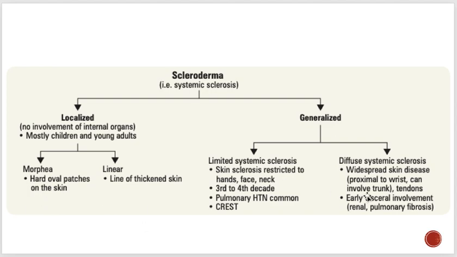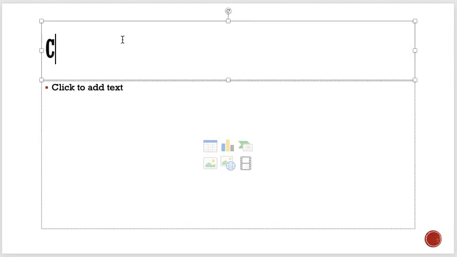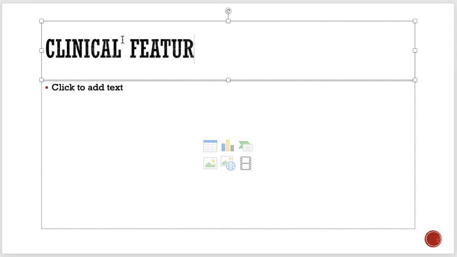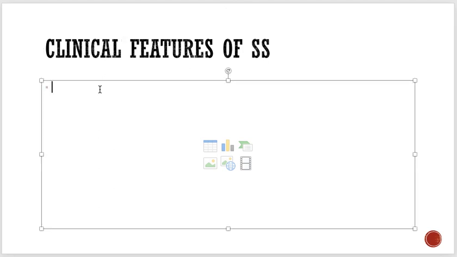One of the things is renal involvement. Whenever the kidneys get involved, they have proteinuria, creatinine becomes elevated, and they present with hypertension. A few of these patients can develop a thing called scleroderma renal crisis.